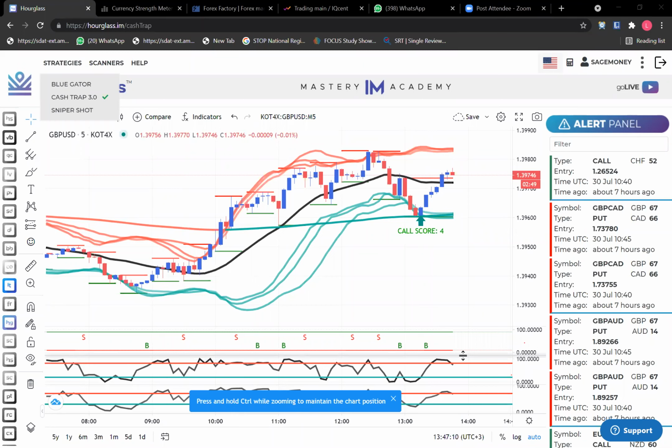If you are looking for sells, what did I tell you guys before? You are only concerned with everything red. If you're looking for buys, you're only concerned with everything green.